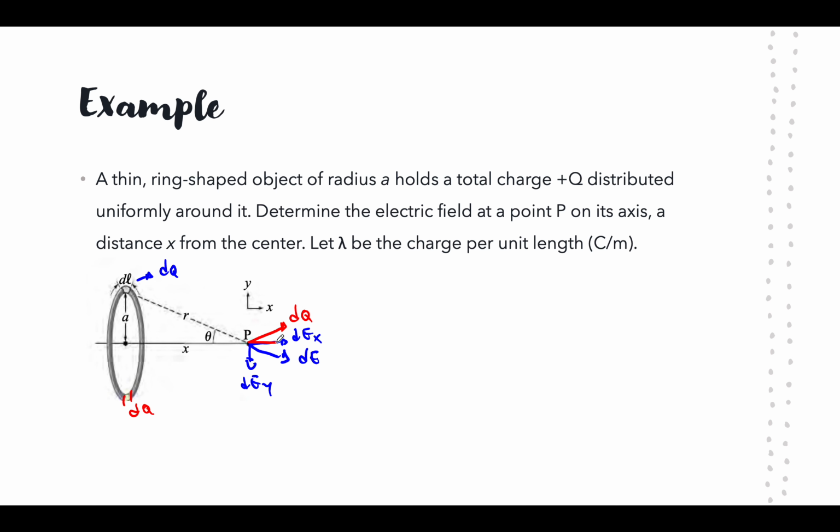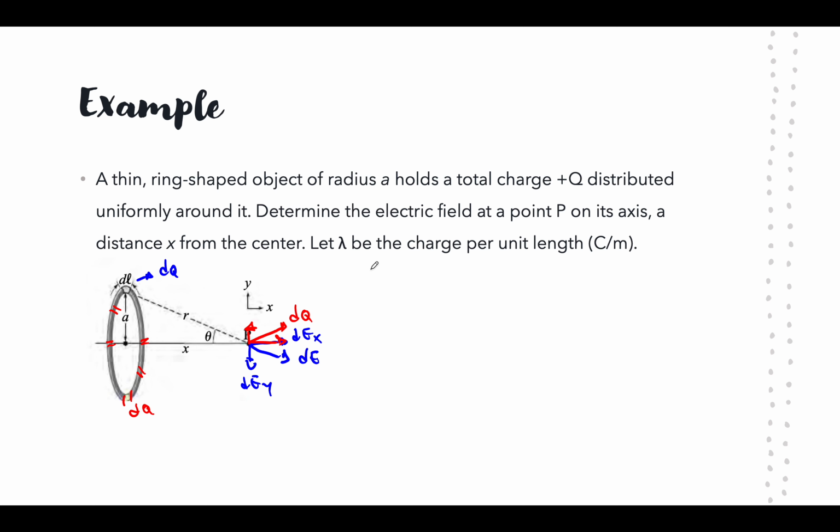And this one is going to have a horizontal component and a vertical component. Now, what do we notice here? We notice that the vertical components cancel each other out. If I look at this length differential and this length differential, same thing is going to happen. All the perpendicular components are going to cancel each other out.